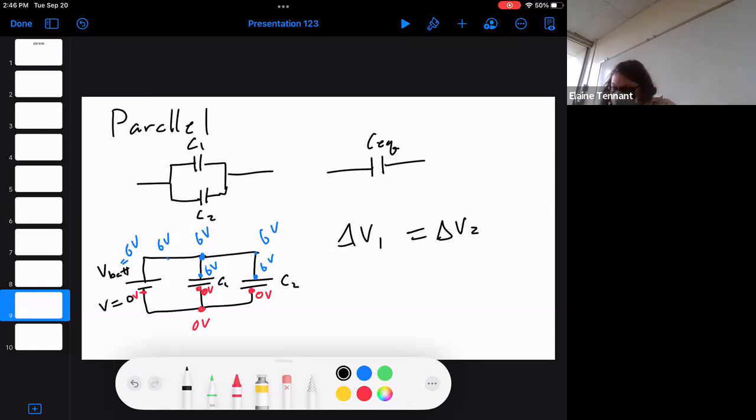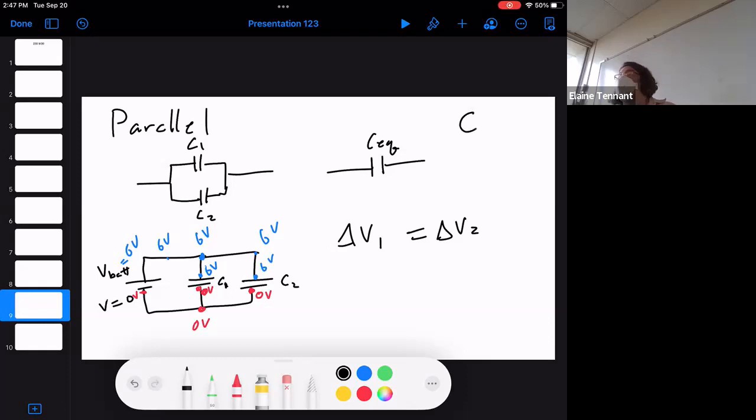So that's one thing we have. What about the charge? And this is where I want you to think about this thing as a parallel thing, where nothing that goes to 1 will go to 2. Can we say the charge on capacitor 1 will be the same as the charge on capacitor 2? No, I like the no, right?